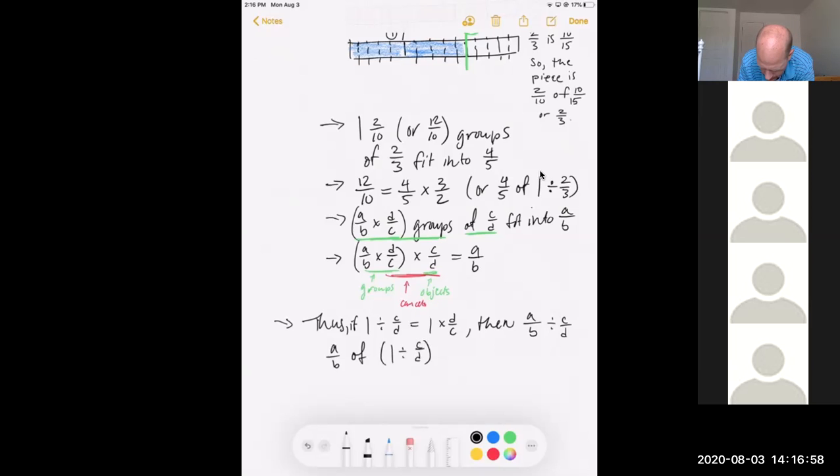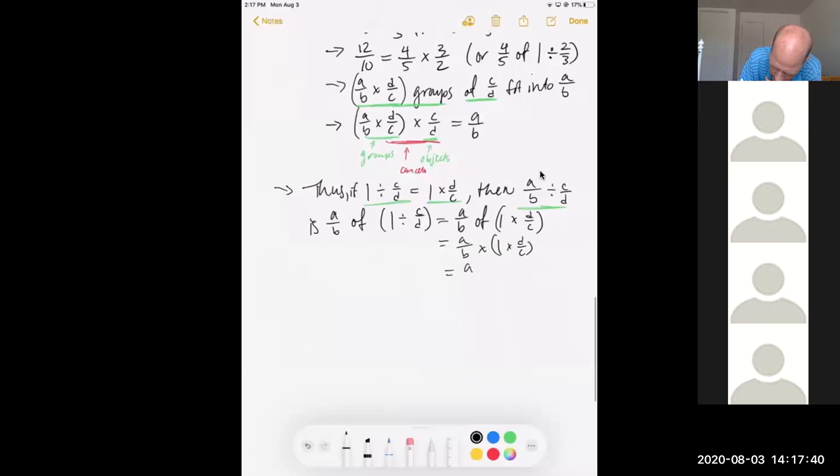Right, so this is the key here. If 1 over C over D is equal to this, then A over B divided by C over D is A over B of 1 divided by C over D. And so we know that 1 divided by C over D is the same as 1 times D over C, which is equal to A over B times 1 times D over C, which is equal to A over B times D over C. So they end up being the same.